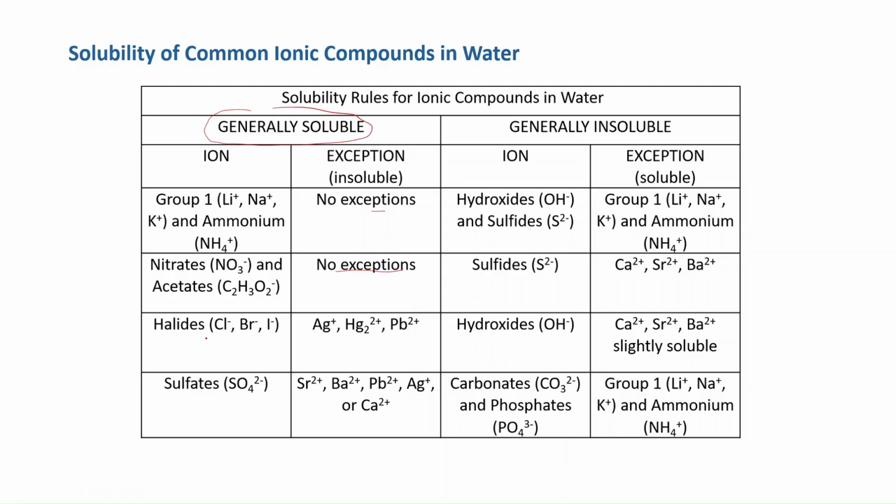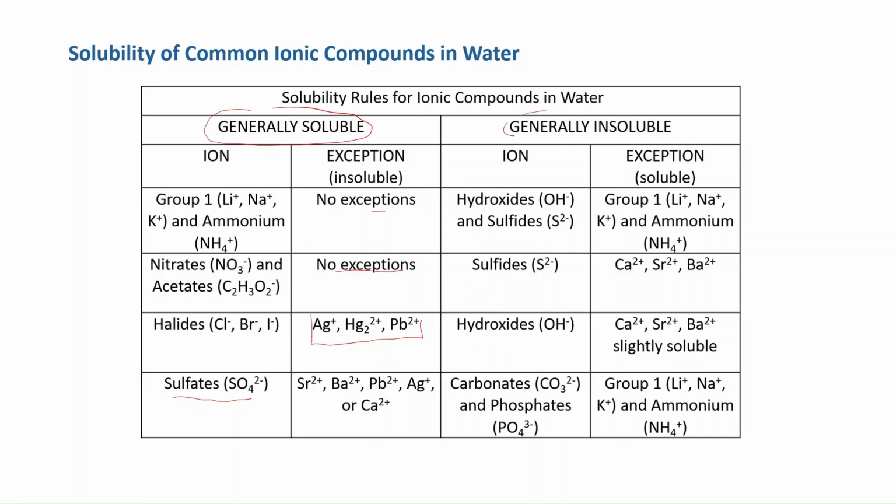But if you start with the halogens, chloride, bromide, iodide, they're usually soluble unless they have silver, that particular mercury, that's a very unusual ion, or lead too. Sulfates, they tend to be soluble, but there's a list of exceptions: strontium, barium, lead, silver, or calcium. That's why I don't understand memorizing this.